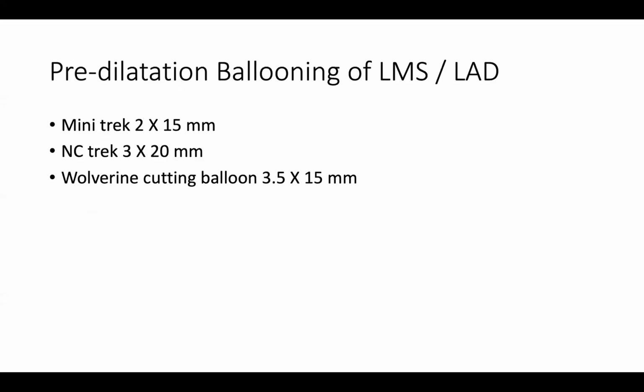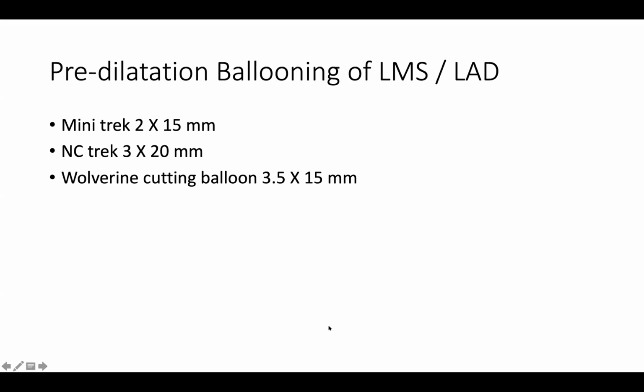And here you want almost perfect result, because that's what will matter in terms of MACE and longer term outcome. And like you have said, DK crush has evidence that it's a better technique compared to the other techniques, especially for the left main stem.